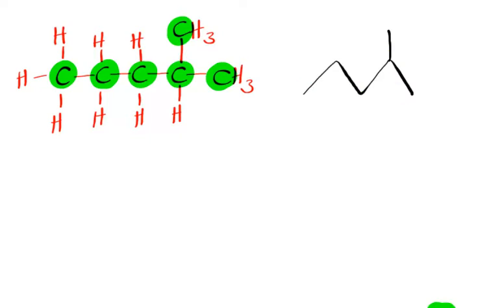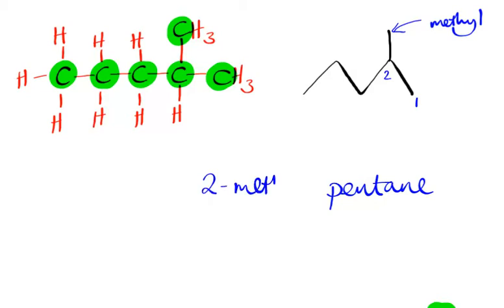So again, the longest carbon chain is 5, so that makes it pentane, and we have a group of 1 carbon coming off, so that's a methyl group, and we need to say where that's appearing on the carbon chain, and we need to make the number as low as possible, so we'd number from the right hand side, which makes this 2-methylpentane.